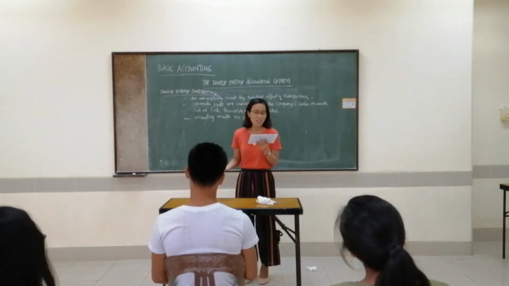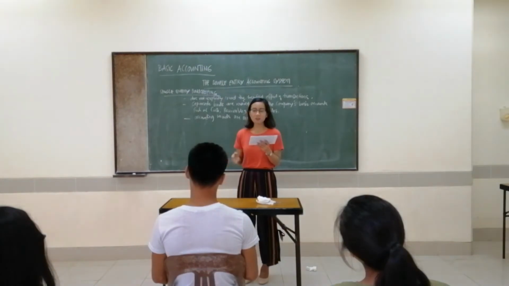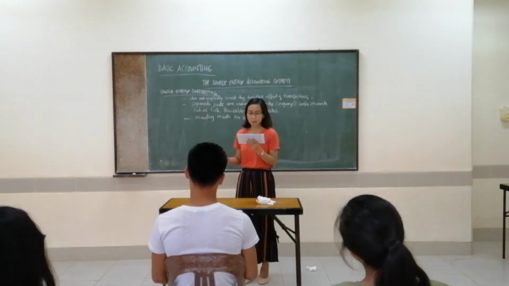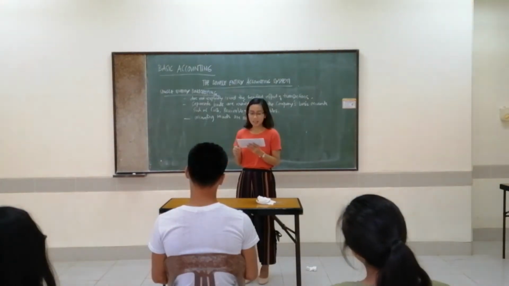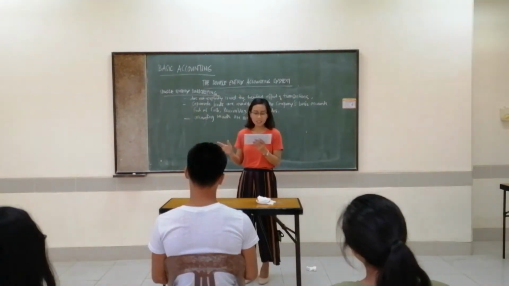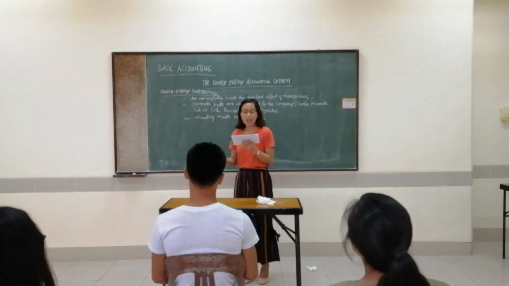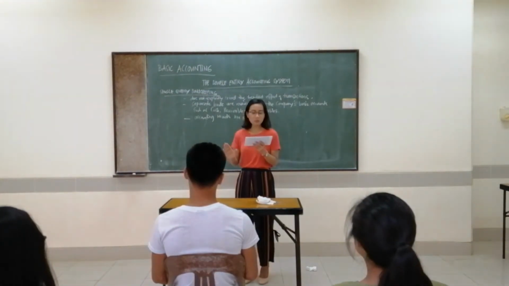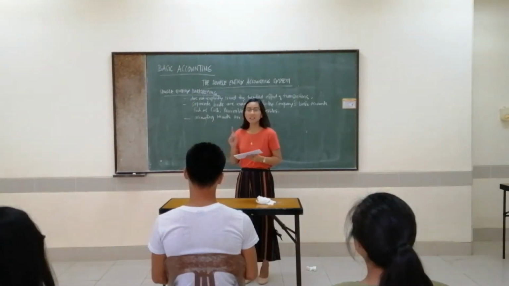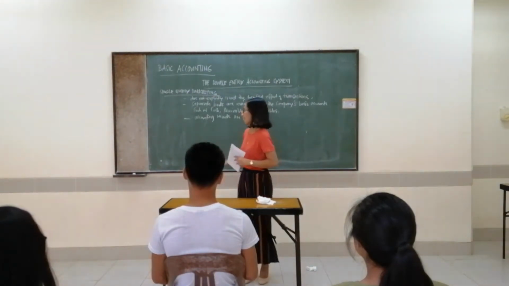On October 8, the company rendered services and received 15,000 pesos. So under the single entry method, the company may use a cash book to record its cash receipts and disbursements. So after recording the above transactions, the cash book will look like this.